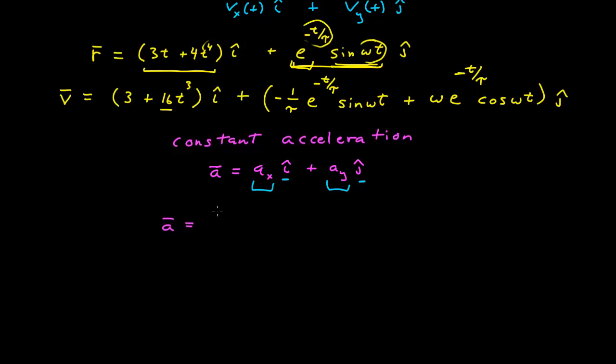All right. So the antiderivative of a constant is a_x times t plus another constant, and I like to call that constant v sub x0 because it's on the x-axis, and I call it naught here because it's going to be the velocity at t equal to 0.